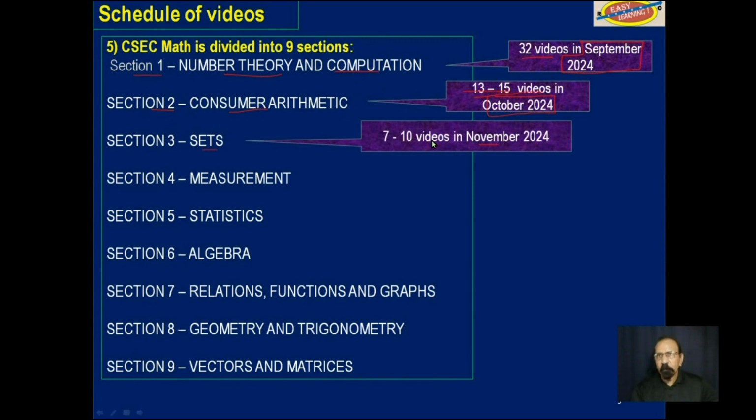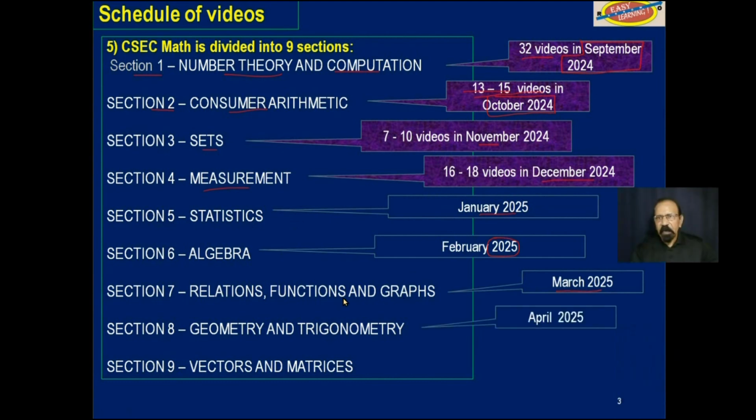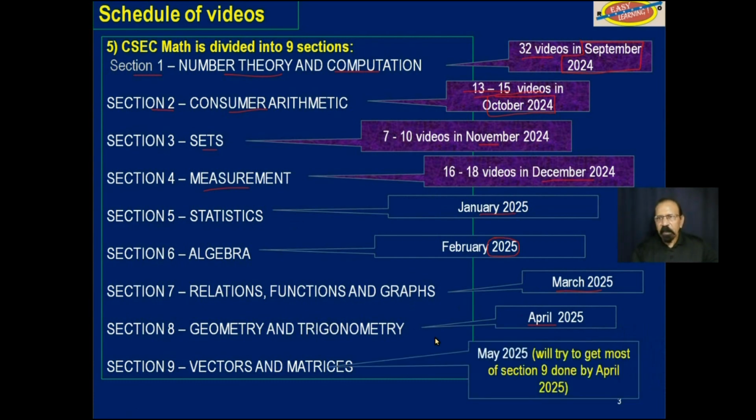Sets by November, measurement in December, statistics January 2025, algebra February 2025, and March relations, functions, and graphs, April geometry and trigonometry, and then May 2025, by mid-May, vectors and matrices. And that would cover all 9 sections of the syllabus.